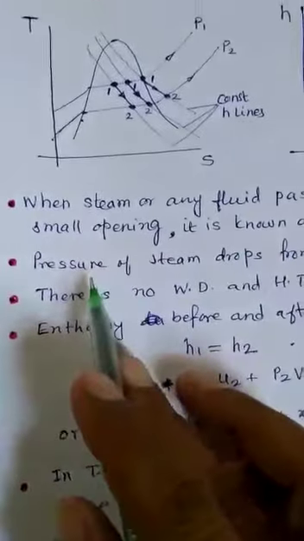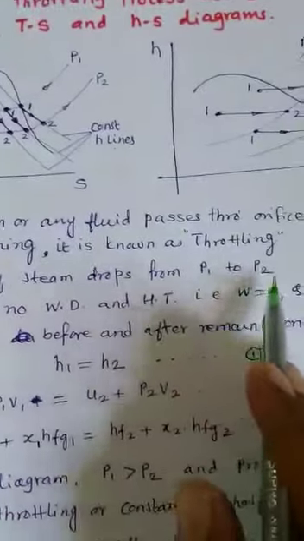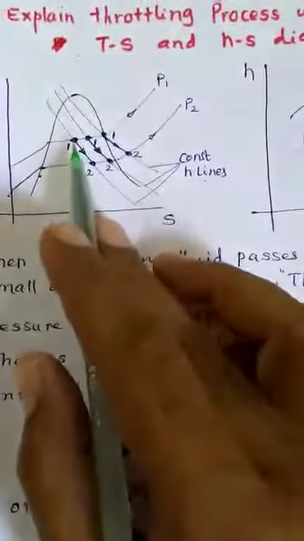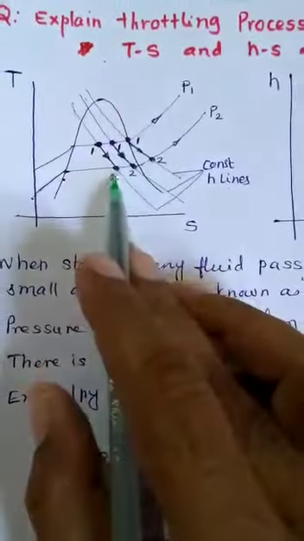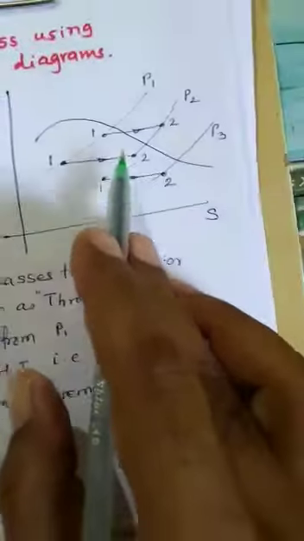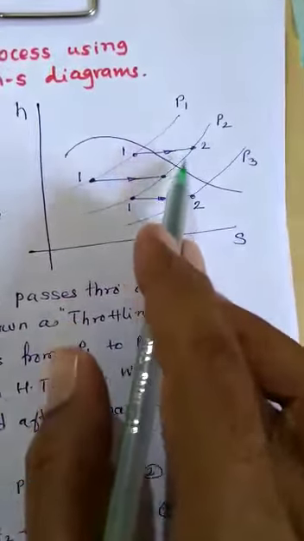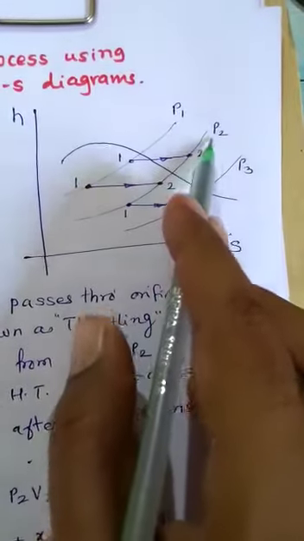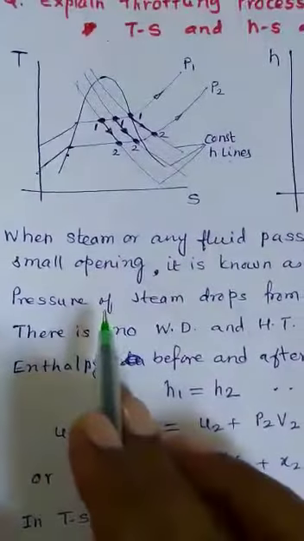Now what happens exactly in throttling process? Pressure of the steam drops from P1 to P2, that we have seen. See here, 1 on pressure P1 line, 2 on pressure P2 line, so pressure drops. Here also point 1 on pressure P1 line and point 2 comes on P2 line, so pressure drops from P1 to P2. That is the first characteristic, very important.